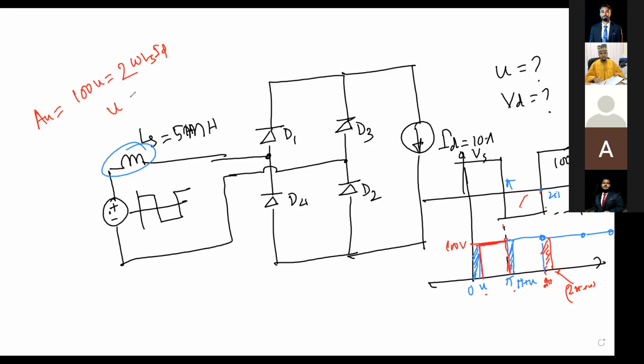And then you find the U here. And what will be the average value of VD then? 100 pi minus U divided by pi.